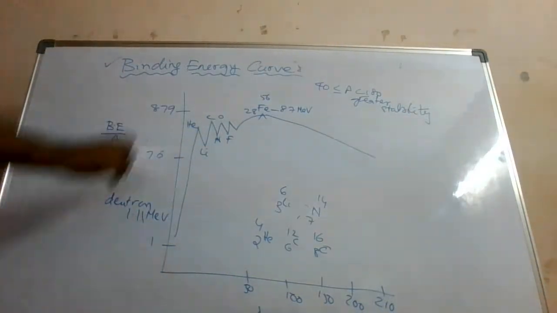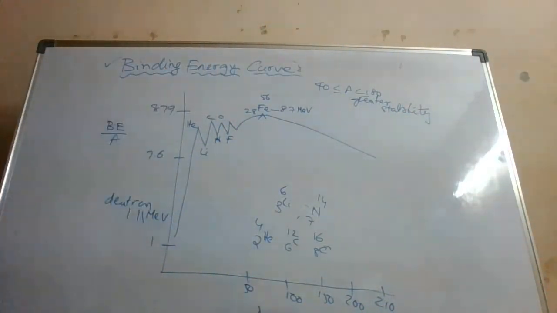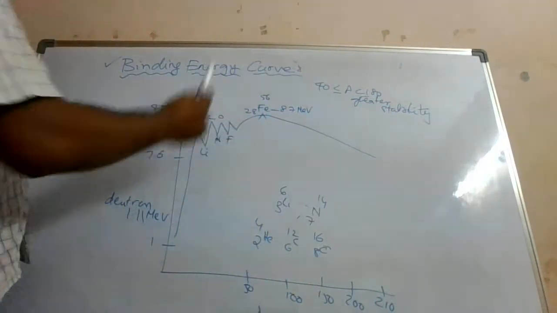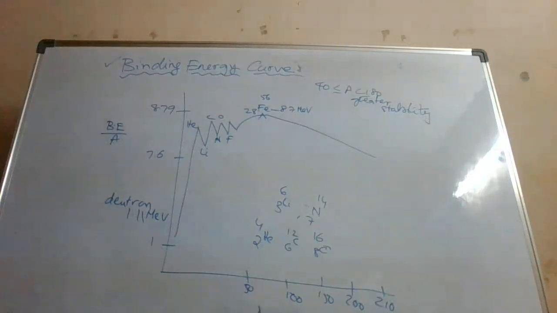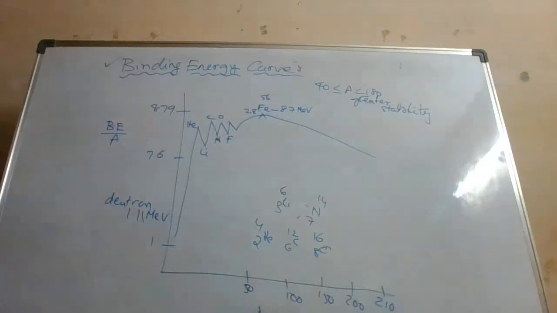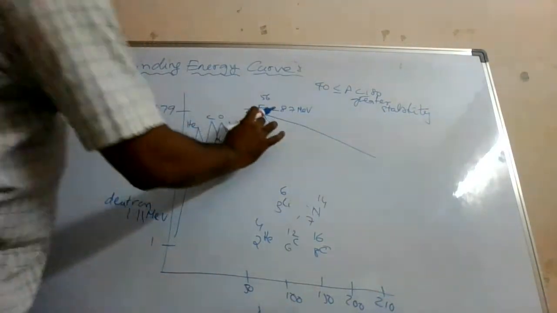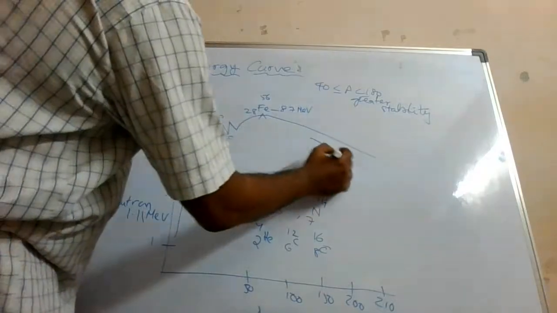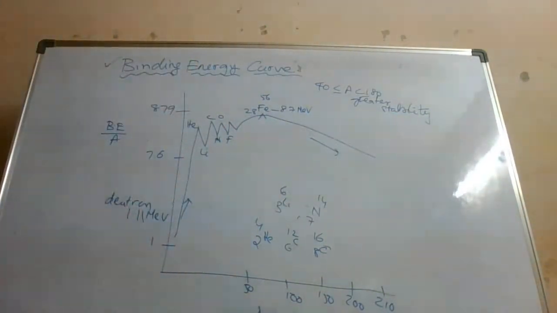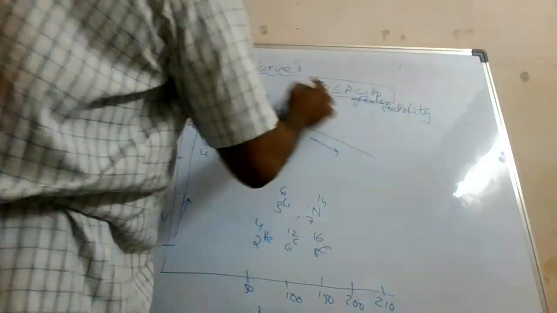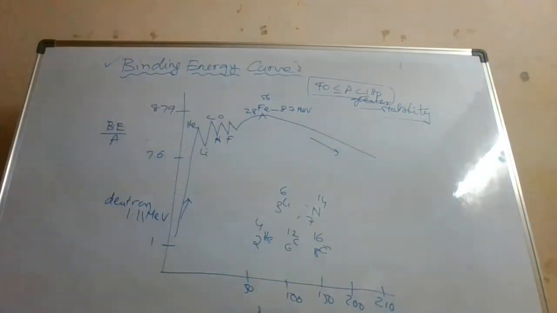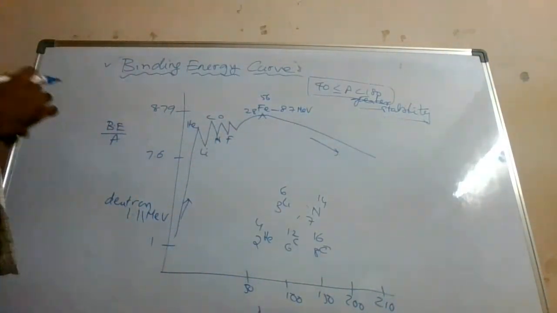It is rising, falling, rising, falling. Somewhere in the middle, at iron 56, you get a maximum value of 8.7 million electron volts, and from there the trend is downwards. Here it is slightly rising, it is falling here. So this central region provides elements of greater stability. Why? Because they have higher average binding energy.